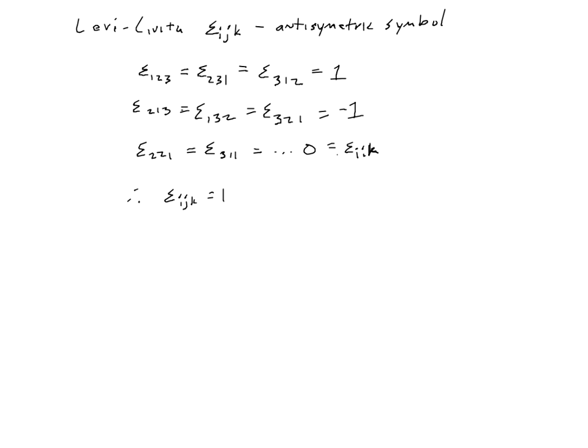Since it's a pseudo tensor, this is the determinant of A, and then you have the transformation matrices. Sorry, I meant Q, not rho.